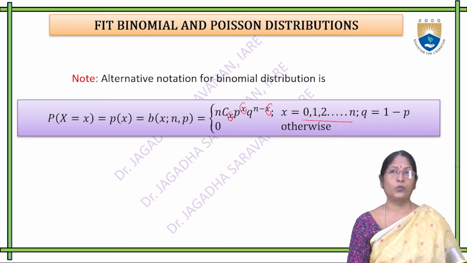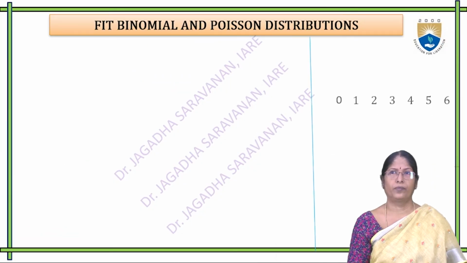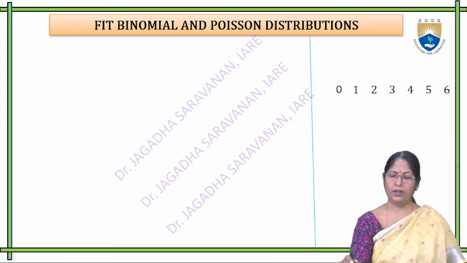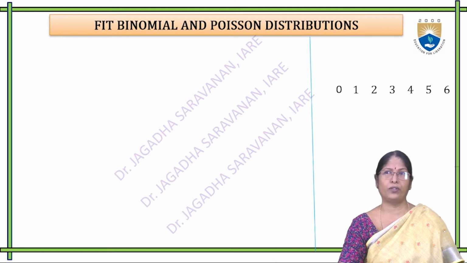This is the difference between binomial and Poisson distribution. We can see here in the rough column 0, 1, 2, 3, 4, 5, 6. From 0 to 6 it is finite. We are able to count, and we say N is 6.